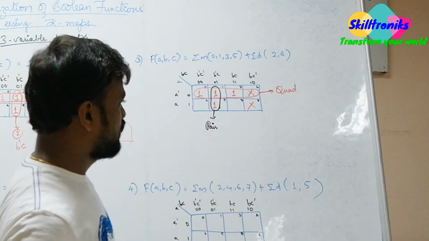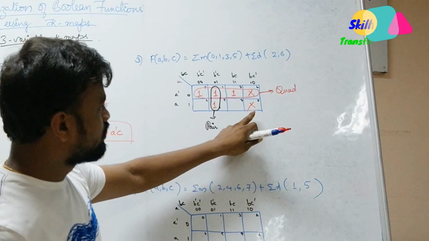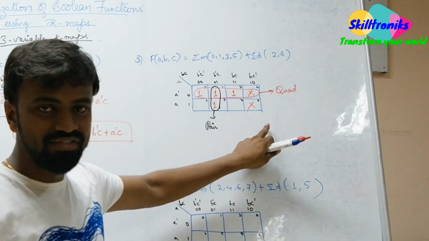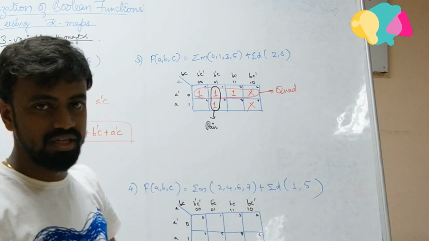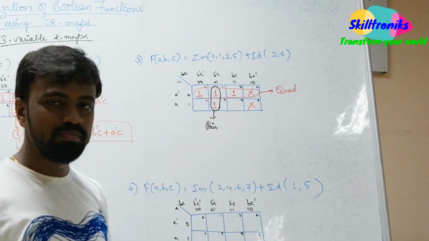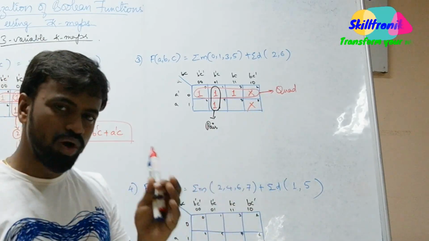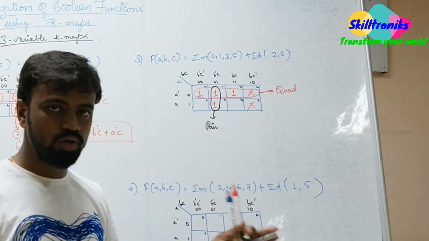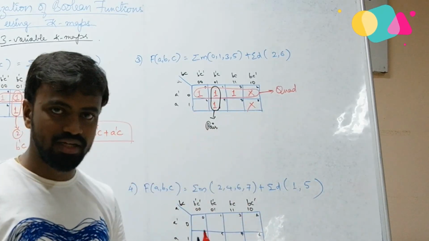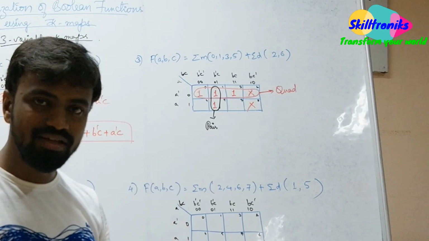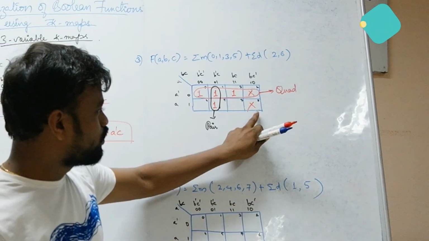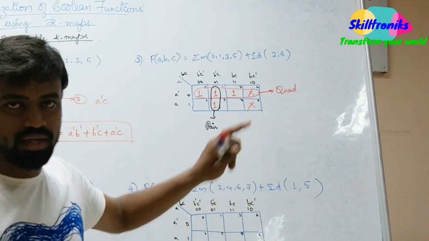If you see this don't care, this is the only minterm left out in this example unpaired, and the name itself implies don't care. So you are left out only with one don't care, ungrouped. You need not bother about that. So you need not form another group in order to include this don't care minterm.